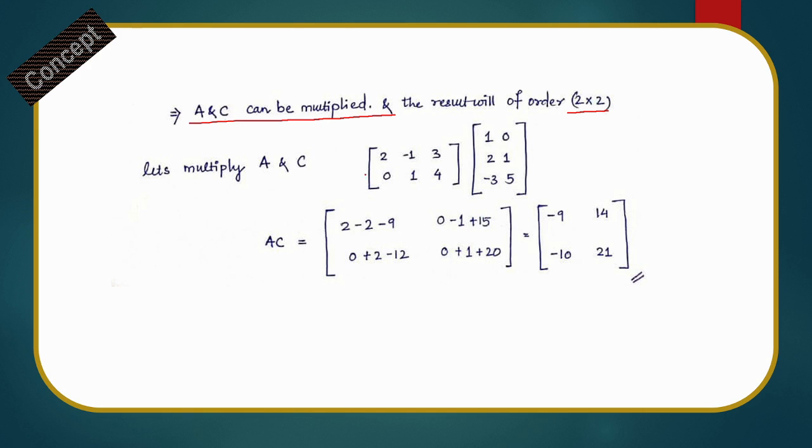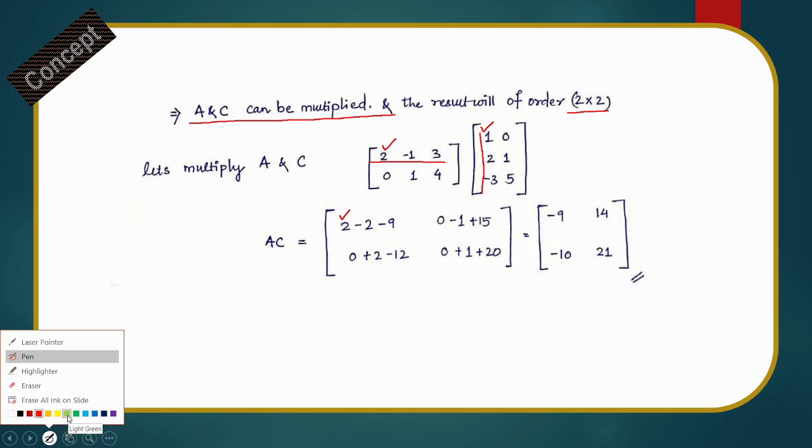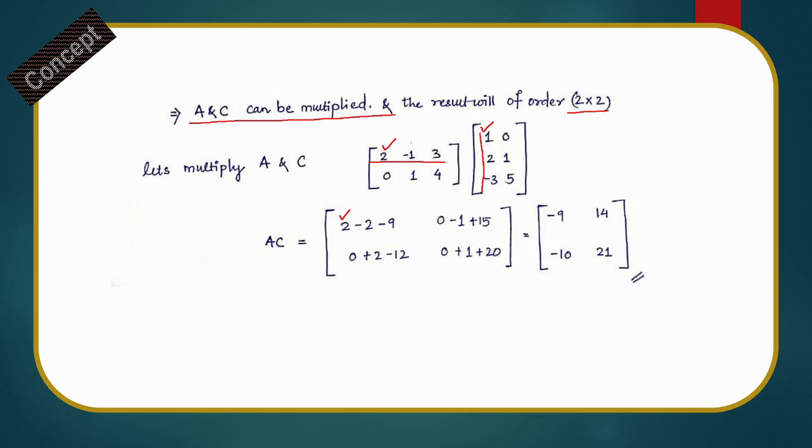So let's multiply A and C. For multiplication, we have to multiply row and column. See, I am multiplying 2 into 1, 2. Then I will multiply -1 into 2.